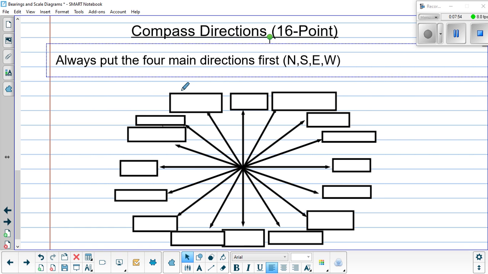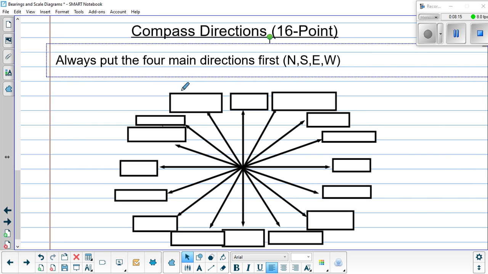We had our north, south, east, and west. Then we introduced northwest, southwest, northeast, and southeast, right? So north of east, south of east, south of west, north of west, right?